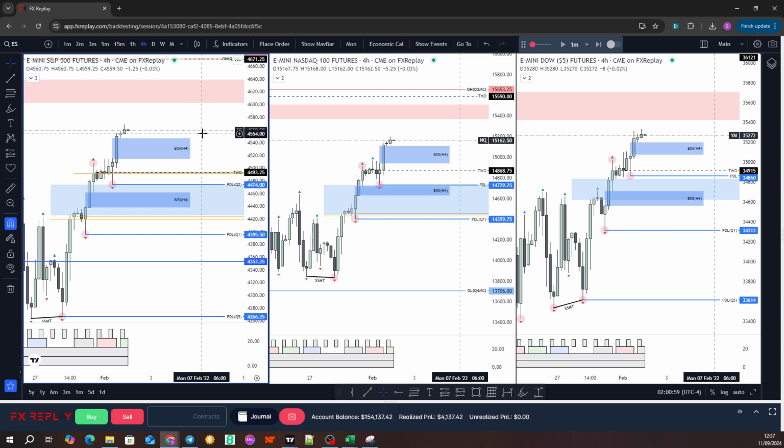Right, SPs. I have noted clear swing points referring to the previous day's low.